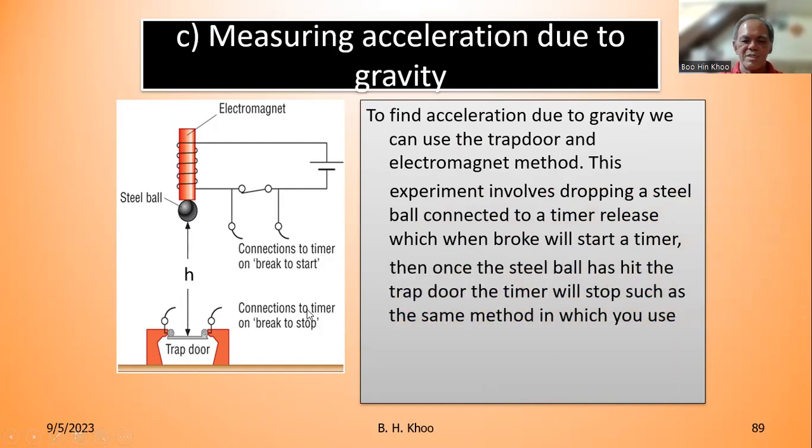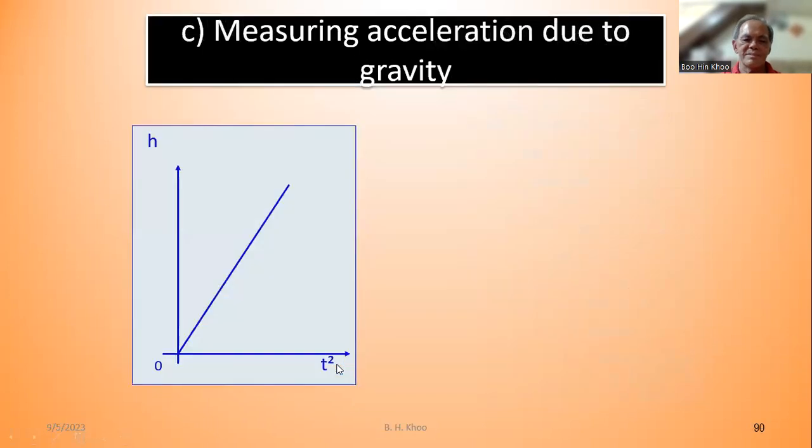Then once the steel ball hits the trapdoor, the timer will stop because it's a switch. So we have a time lag. The timer can be read to 0.01 second, which is the advantage. Uncertainty is smaller. We can use a different height and plot height against t squared.